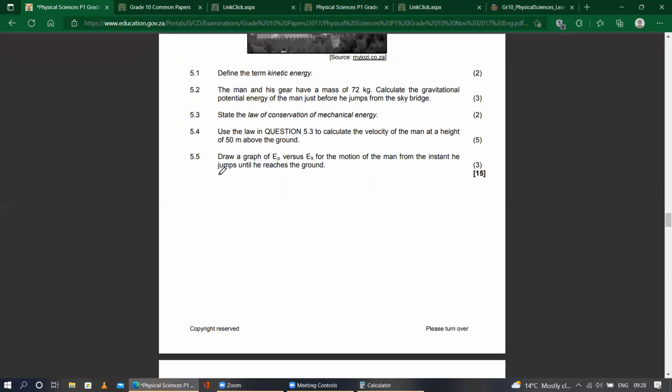I'm going to keep it here so that you know how to use it. Initial is going to be equal to final.